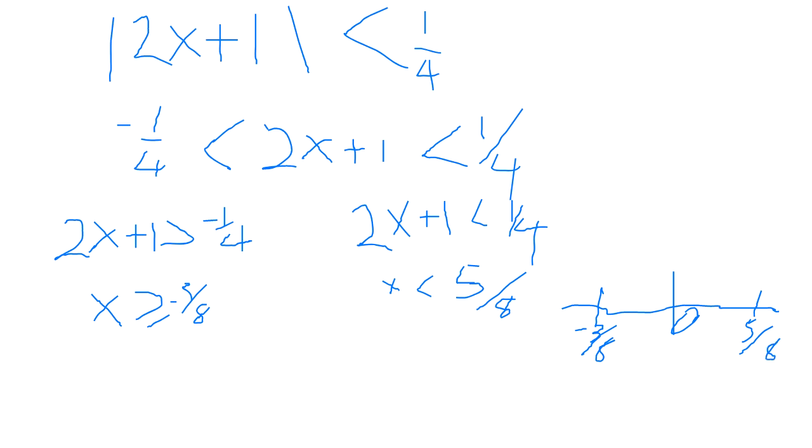Greater than minus 3 over 8 will go like this, arrow. Less than 5 over 8 will go like this, arrow. Then our interval will be here.